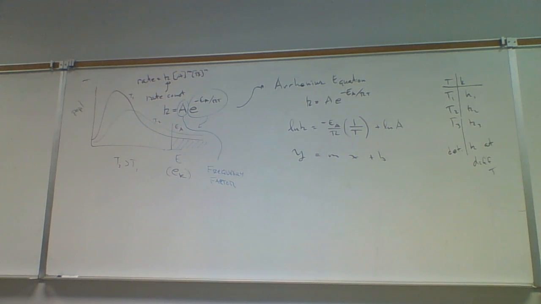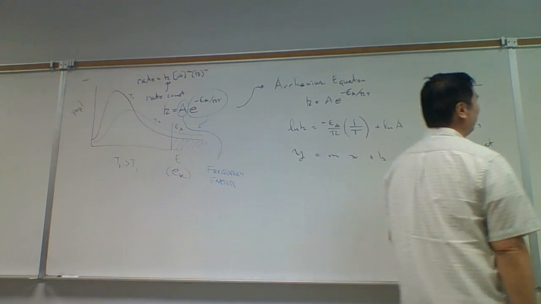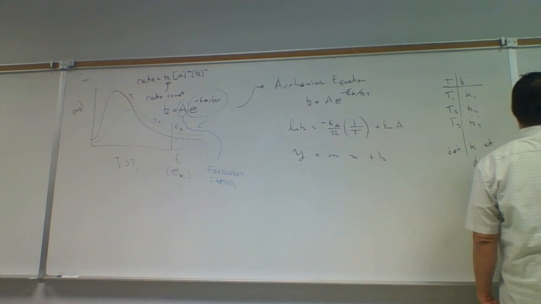What am I doing? I was doing the regular gas constant. The thermodynamic gas constant is 8.3145 joules per mole Kelvin. And so we can figure out what Ea is, the activation energy, and A.